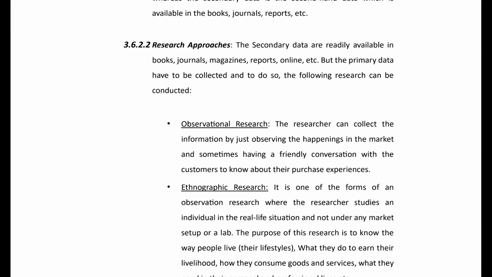Research approaches. The secondary data are readily available in books, journals, magazines, and reports online. You can also check those data. But the primary data have to be collected, and to do so, the following research can be conducted.